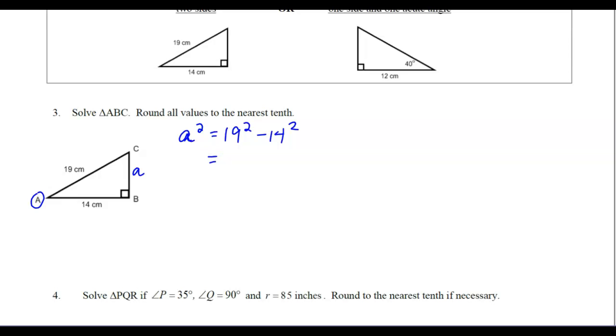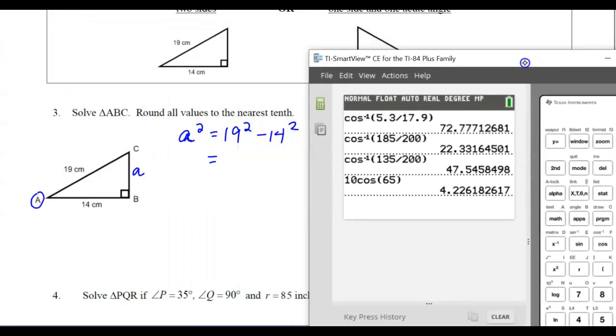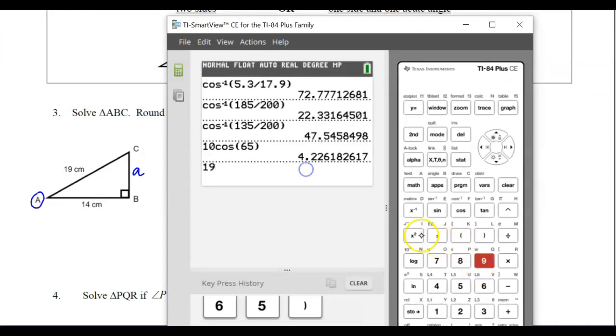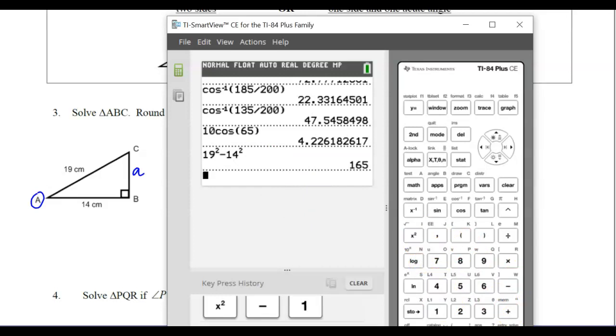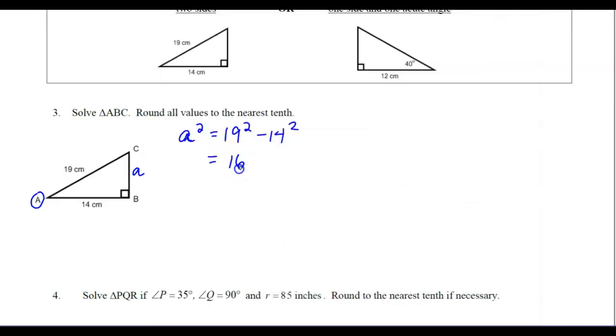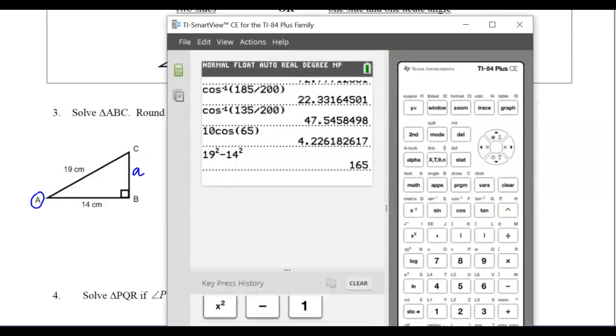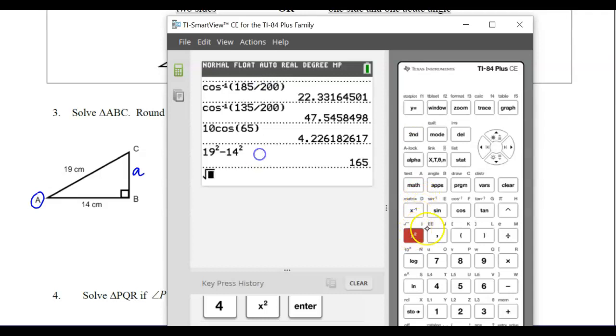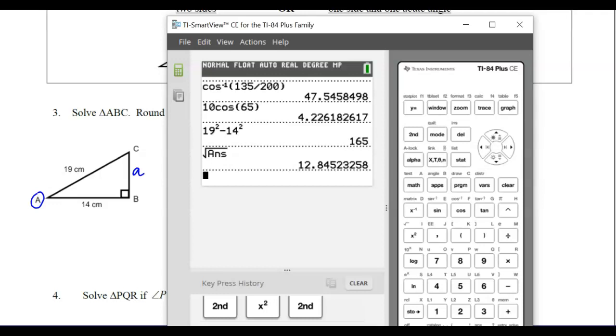So 19 squared minus 14 squared is 165. So a is the root of 165. And then the square root of that answer is 12.8.